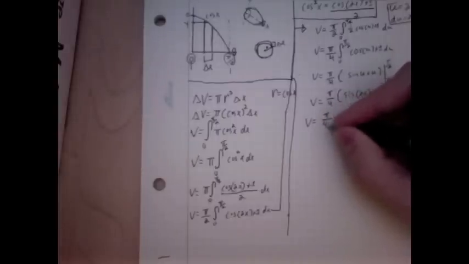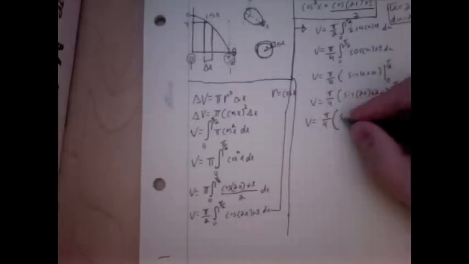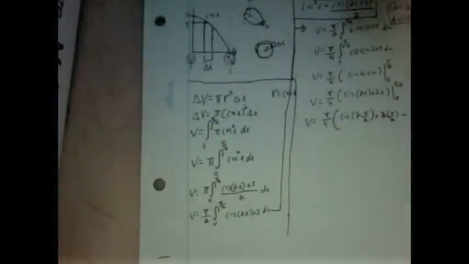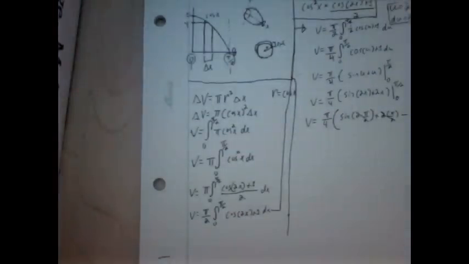So then again, it's pi over 4 multiplied by sine of 2 times pi over 2. The 2's cancel, that just becomes pi, plus 2 times pi over 2. The 2's cancel, that just becomes pi, minus sine 2 times 0, that just becomes 0, because anything multiplied by 0 is 0, plus 2 multiplied by 0, again 0.